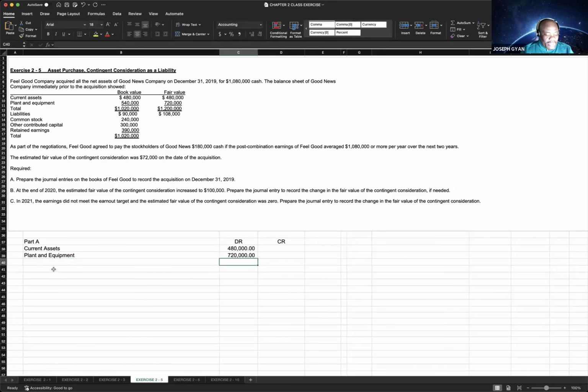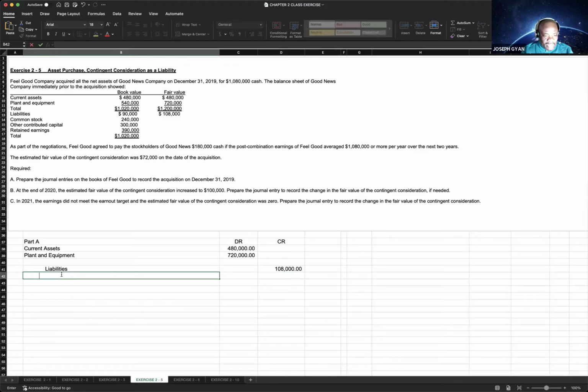Then we have the goodwill, which we don't know yet. I'll just leave a space in case of the goodwill. Let's leave this one here in case. We know the liabilities are 108,000. Then we are giving them cash.